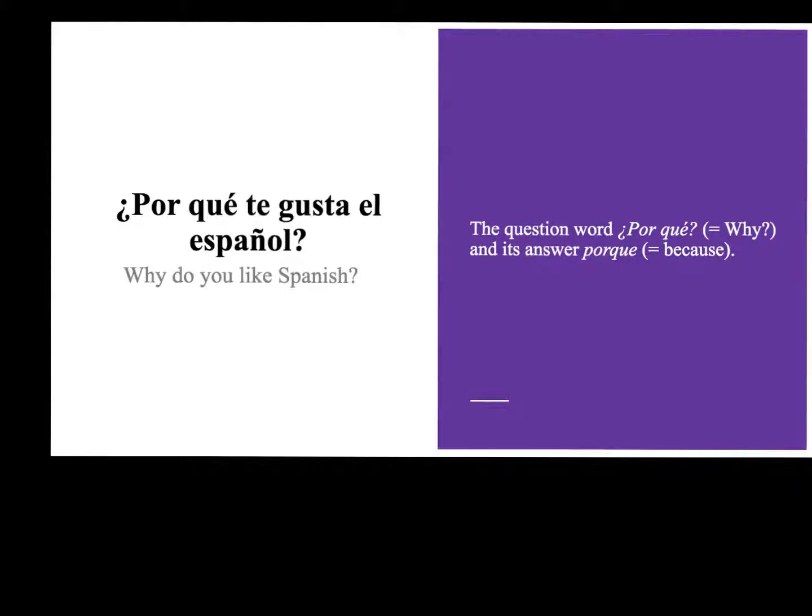Of course, as all question words do, it has its upside down question mark at the beginning and a question mark at the end. And as all question words also do, it has an accent to show it's a question word. Whereas the word because is all one word, has no punctuation obviously, and no accent.